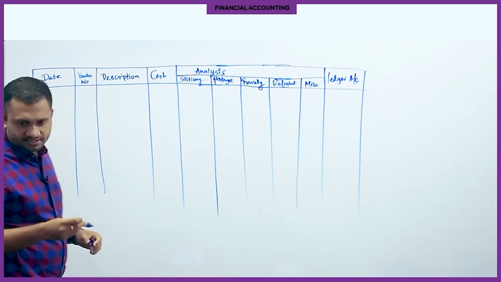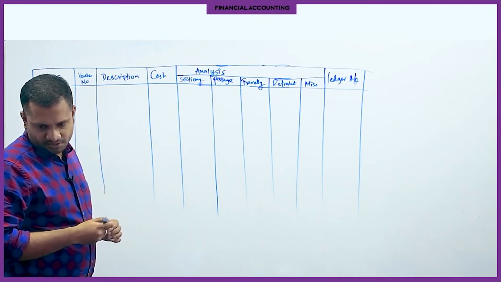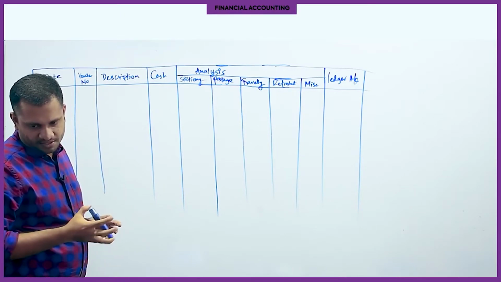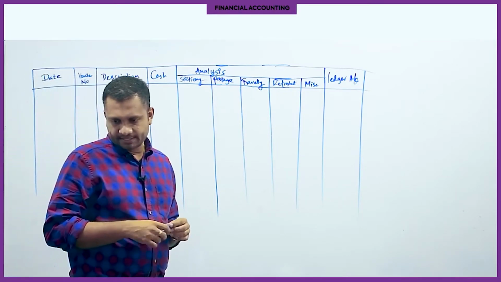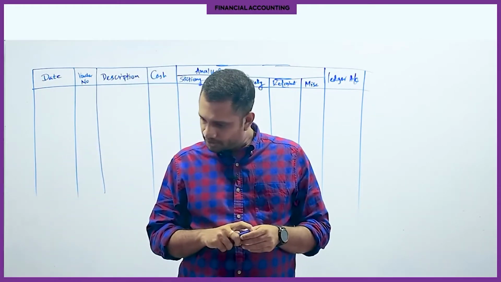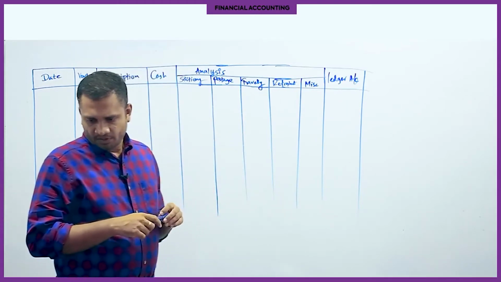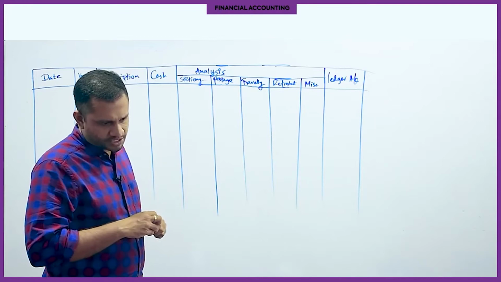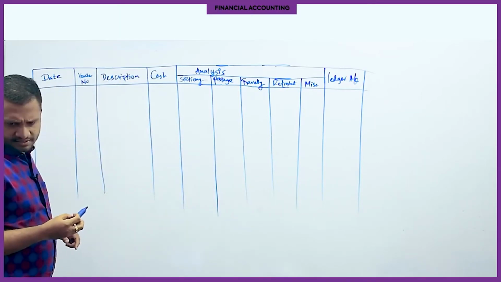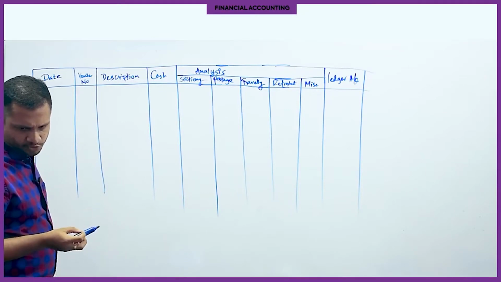So, what is the first transaction? The petty cash cashier has received 2000 from the main cashier. Then on the 1st of August, there is a transaction, the voucher number is 1, pertaining to stationery, it is 200.